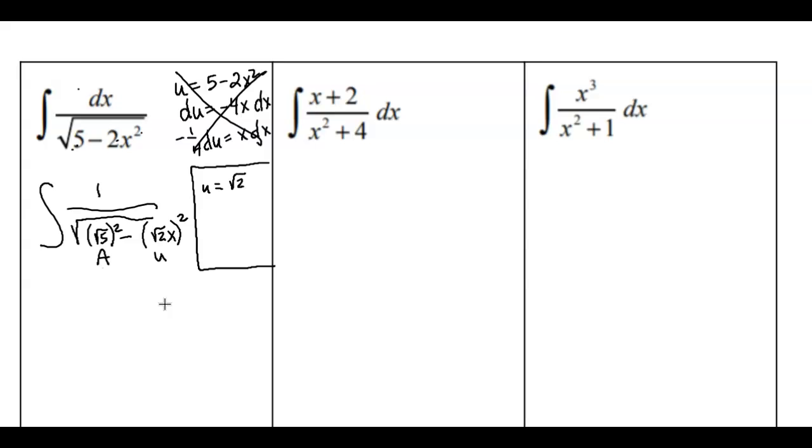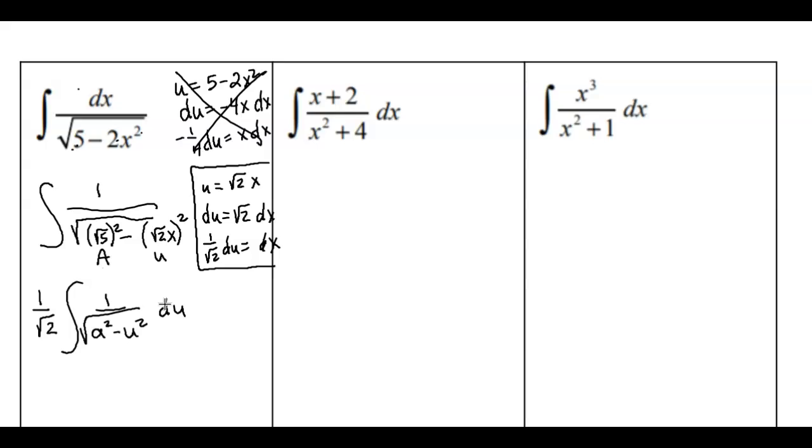So u equals root 2 x, du equals root 2 dx, so 1 over root 2. And we don't really need to rationalize in AP Calc, so I wouldn't. Okay, I know some of you still do, and that's fine. But I get 1 over root 2, and then it's 1 over a squared minus u squared.